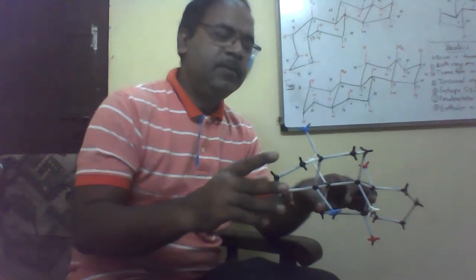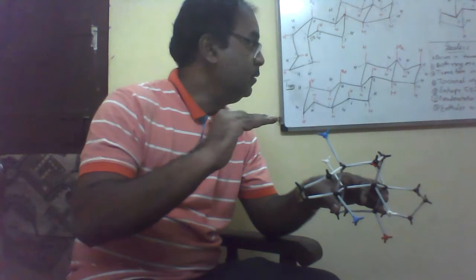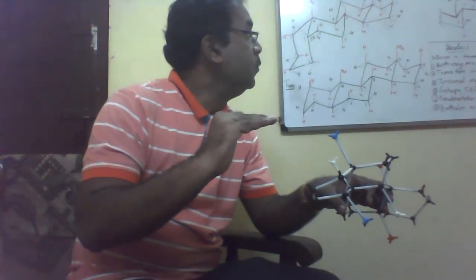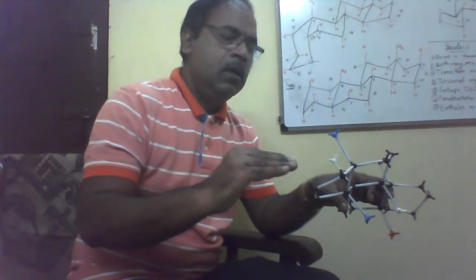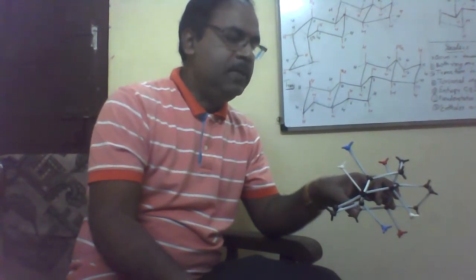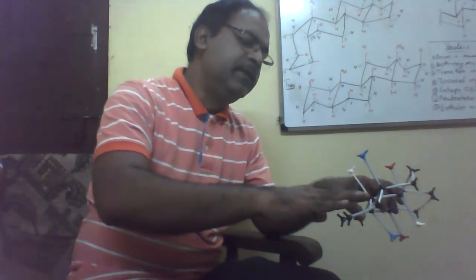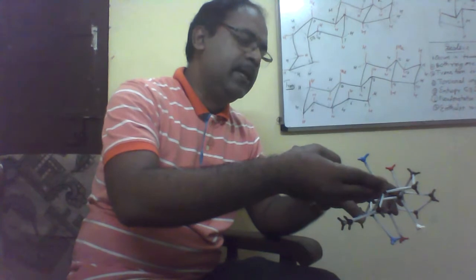Five carbon atoms are there. So out of five carbons, four carbon atoms are present in one plane, while another carbon remains above the plane or below the plane. Again, I am explaining: four carbon atoms are present in one plane, while one carbon is above the plane.